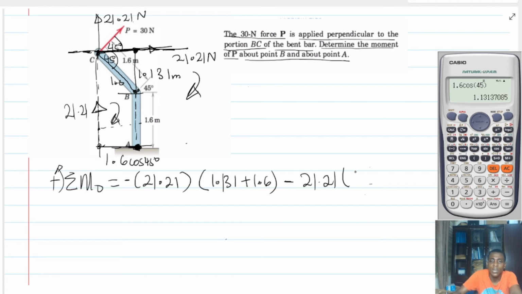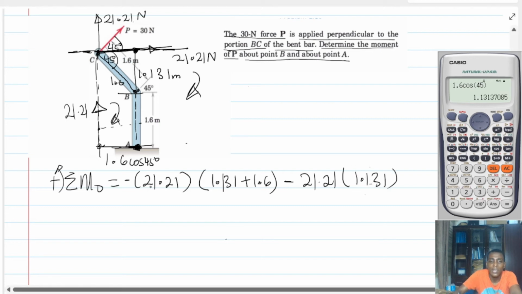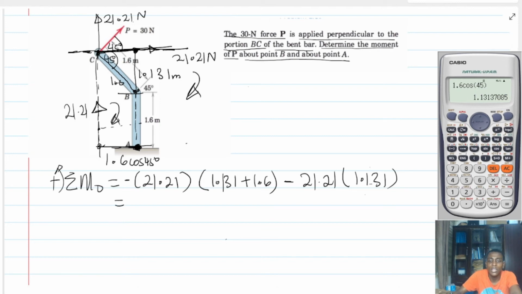So it's the same thing. 1.131. Okay, so what am I going to get?